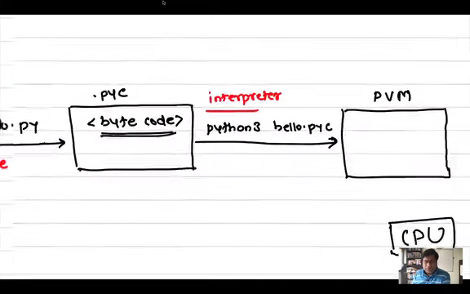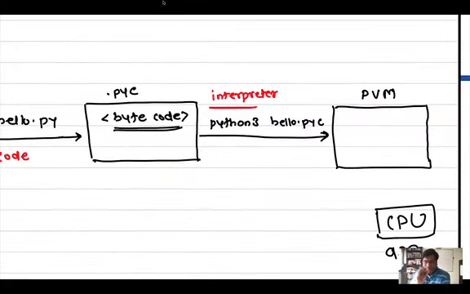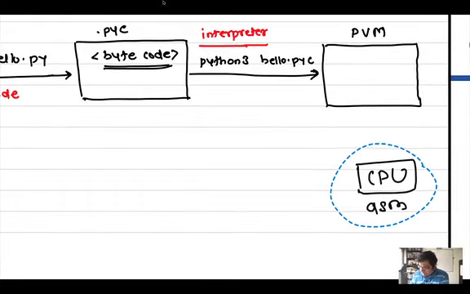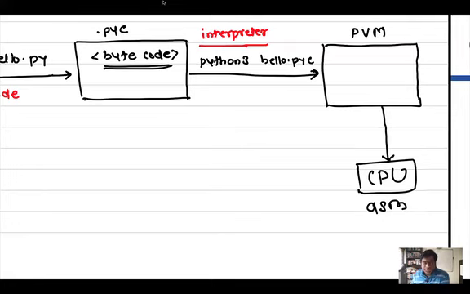Interpreter means it is going to get every single instruction, every single bytecode from that PYC, and then convert it to the assembly code, and then the assembly code gets passed to the CPU. So this is the way the conversion happens, and this is the way your actual code gets executed here. So in this case, Python 3 interprets the code.